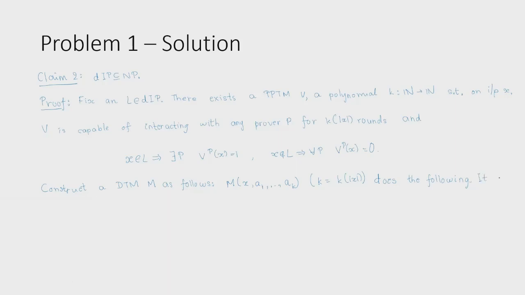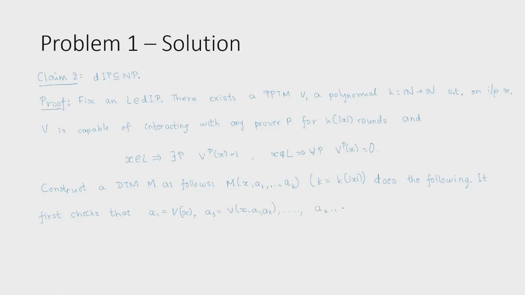It first checks that A1 is equal to the verifier's output on X, A3 is equal to the verifier's output on X, A1, A2, and so on.